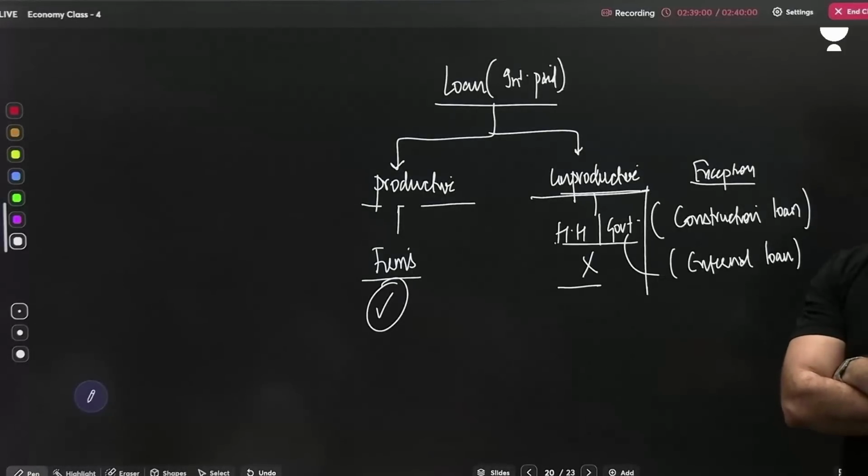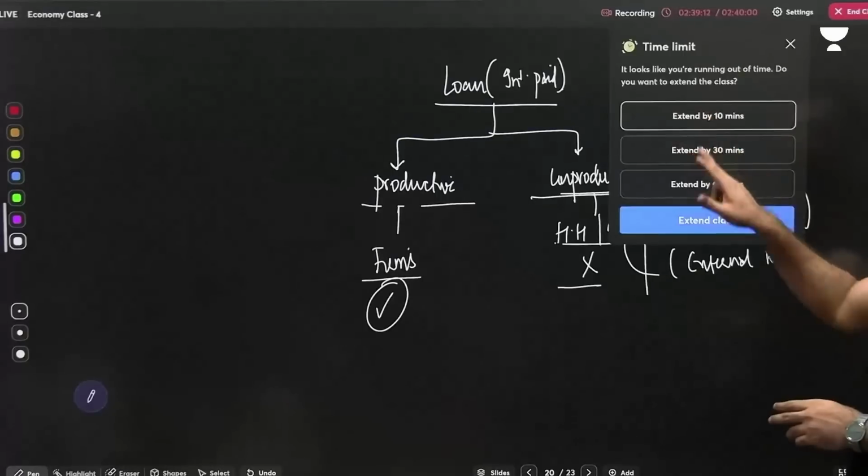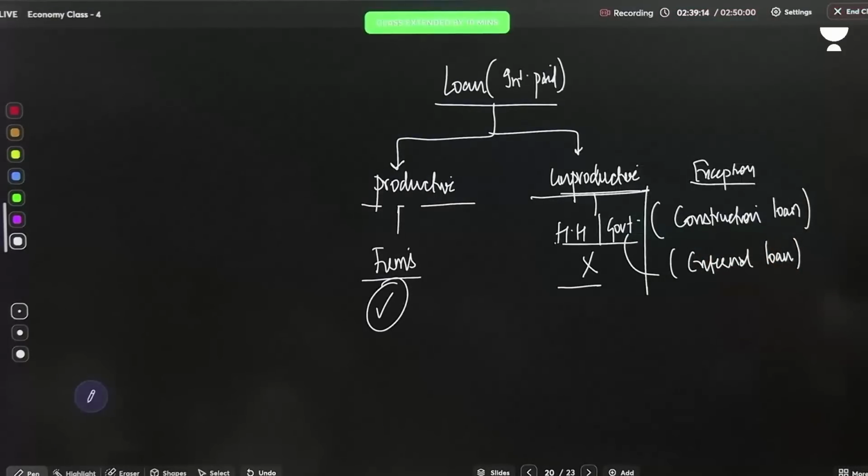In the next one, loans taken by firms are considered productive. Therefore, these interest payments are included.